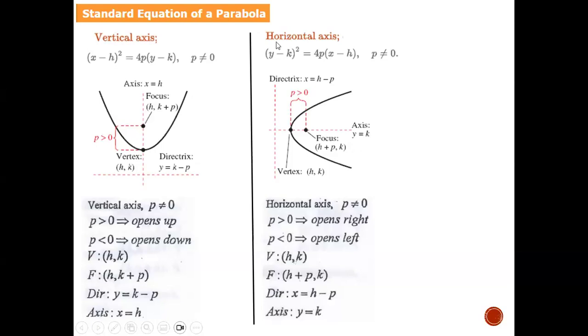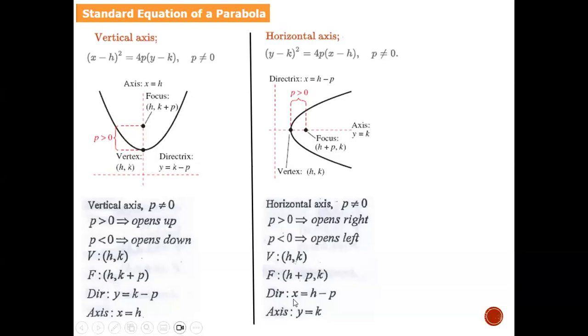Over here, what about when it's horizontal? Well, it changes. The formula is going to have the y squared: (y − k)² = 4p(x − h). You still have the 4p, but now it's determining if it opens left or right. If the p in front is positive, it opens to the right. If it's negative, it opens to the left. Your vertex is still (h, k), but for the focus, the k value matches the vertex, and the first coordinate is h + p.